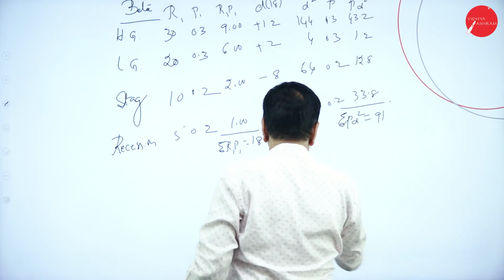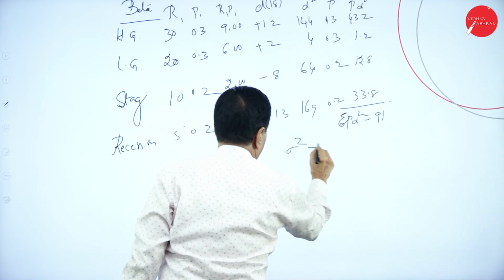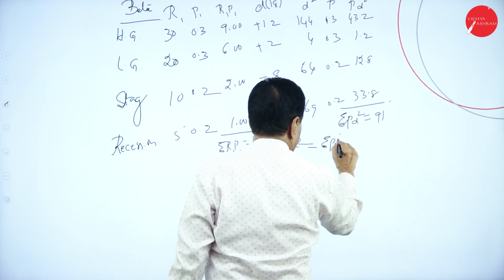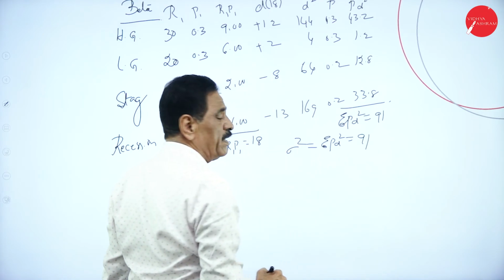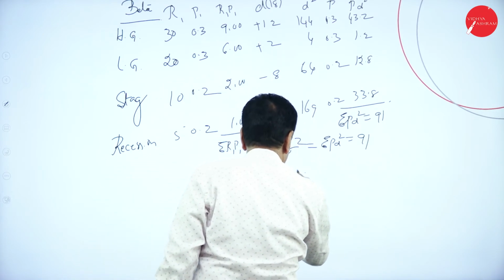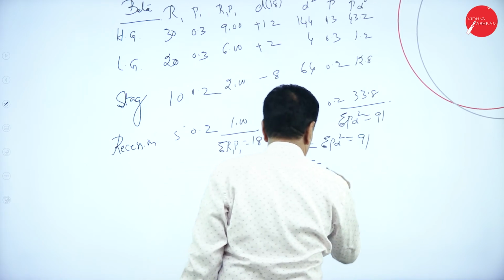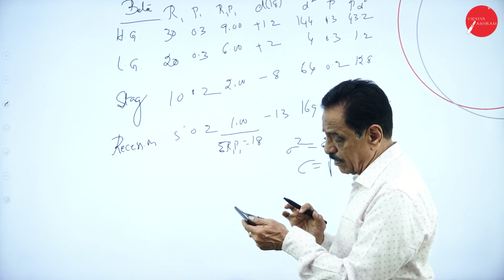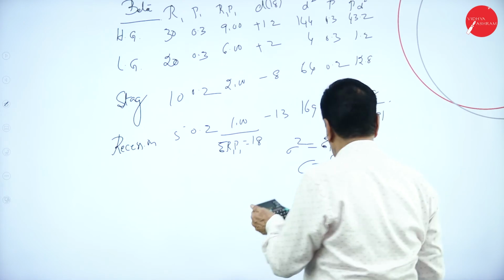So sigma square is 91. So standard deviation is equal to root of 91, 9.54.